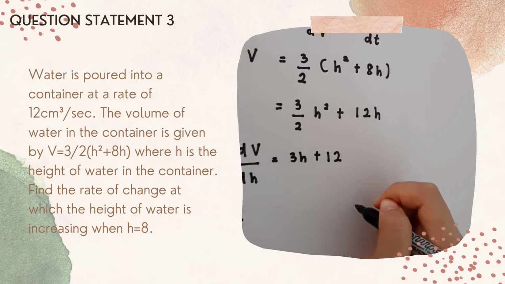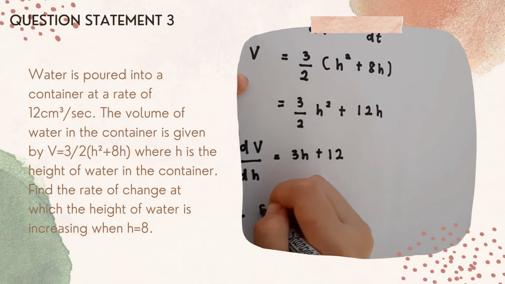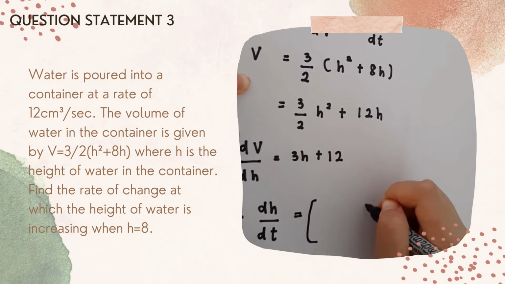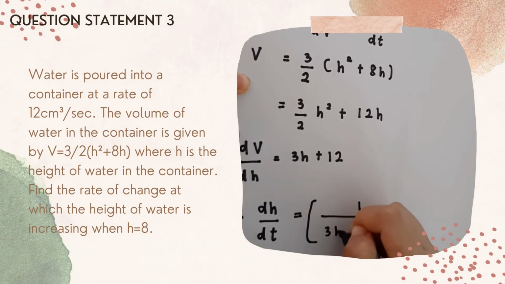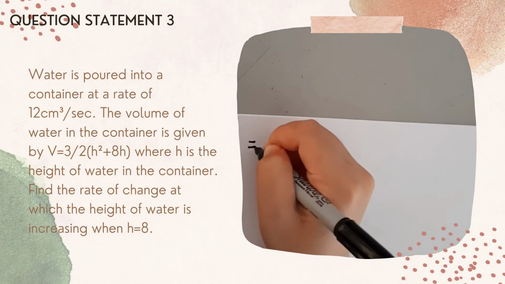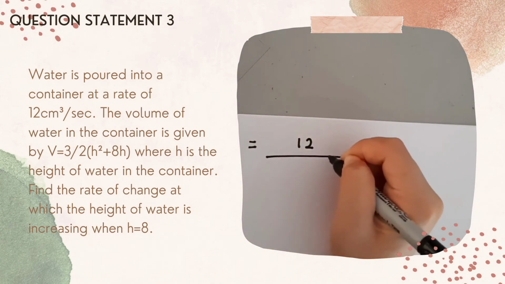And then, insert the 3h plus 12 in the dH over dt, and then it becomes 1 over 3h plus 12. And then we need to multiply it with 12. So the answer is 12 over 3h plus 12.